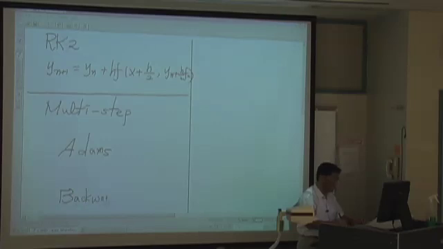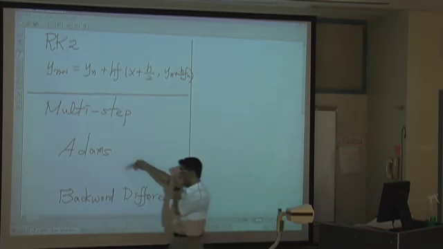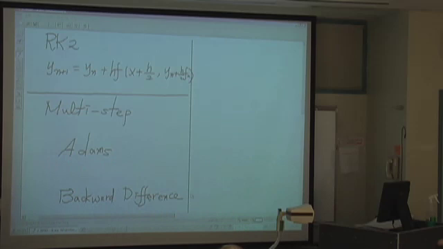Backward difference. So these are possible multi-step method approaches, and they both use interpolation. So Adams method and backward difference method both use interpolation.